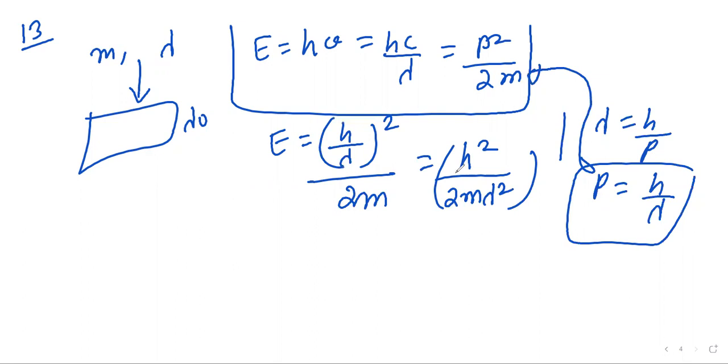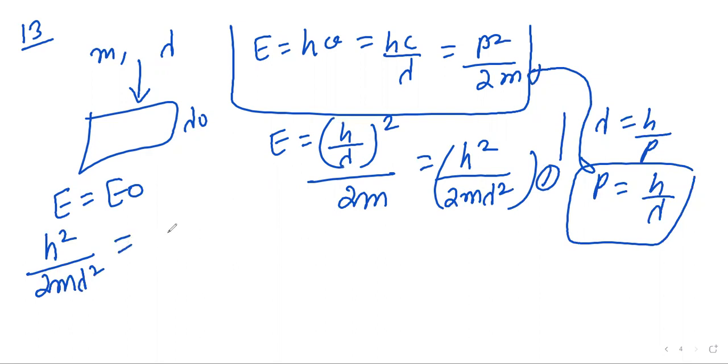Understood? So for the maximum wavelength, the energy is given equal to E naught. So we know the E value, right? This is your first equation. So it is nothing but h square upon 2m lambda square equal to hc by lambda naught. We have to find lambda naught.